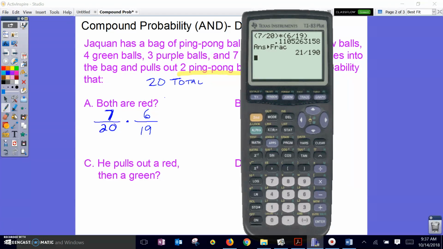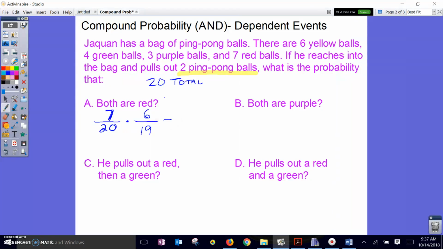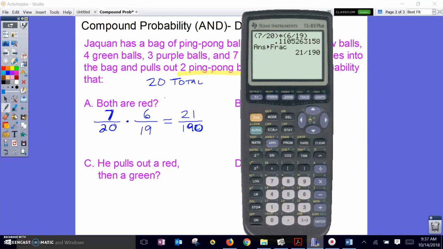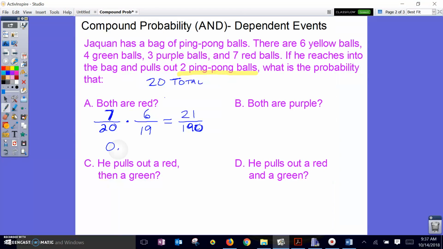And that's 21 over 190. Or if you want to write it as a decimal, we already found that it is 0.1105, or 11.05%. Any of those 3 probabilities would be okay for both are red.